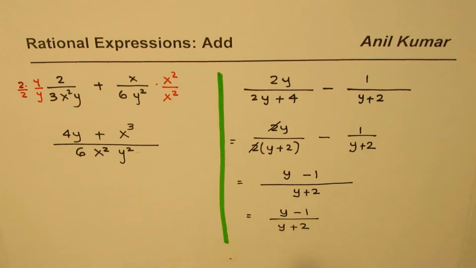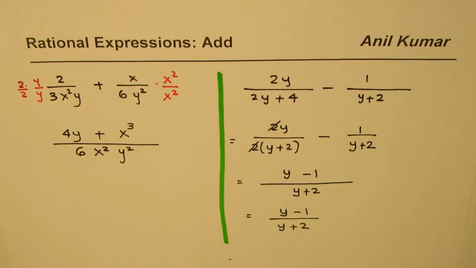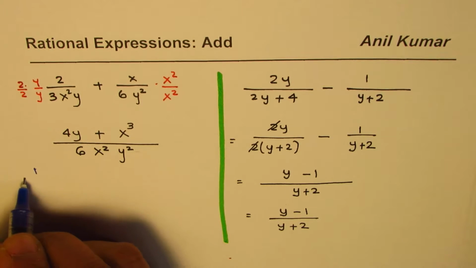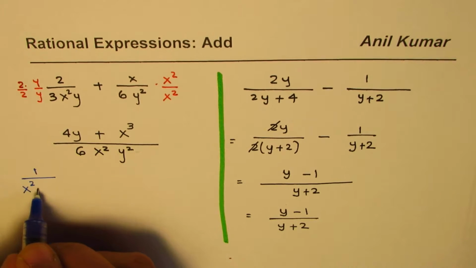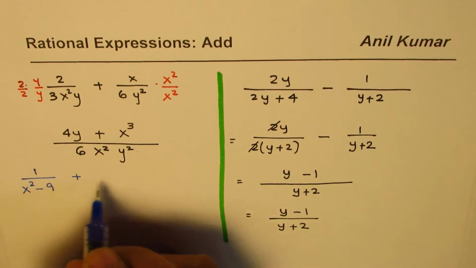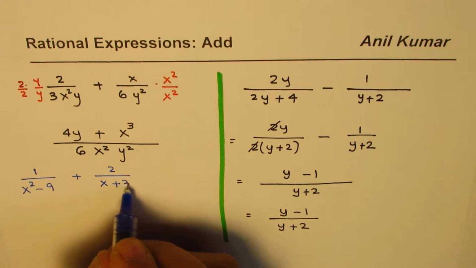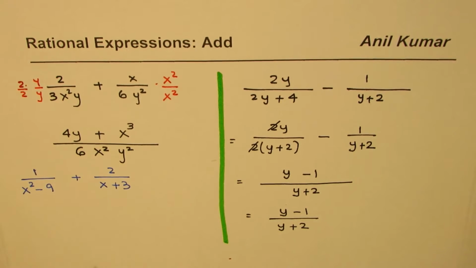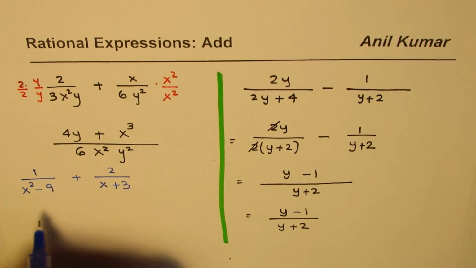Let me take another example, use a different ink, and this time let's write down a question as 1 over x squared minus 9 add 2 over x plus 3. So in this particular question, we seem to have very different denominators. Let us factor the first one.